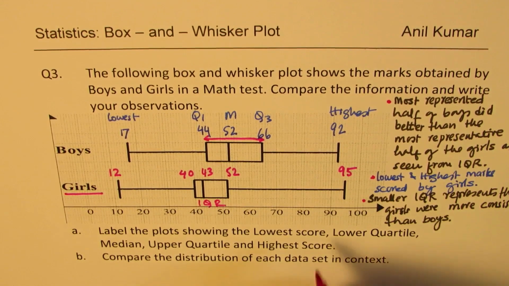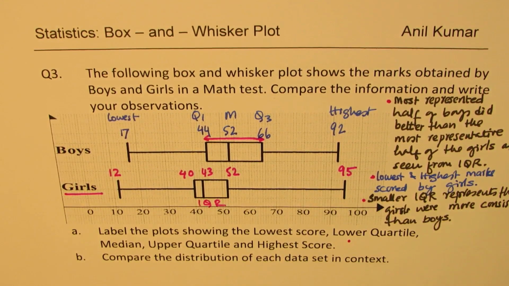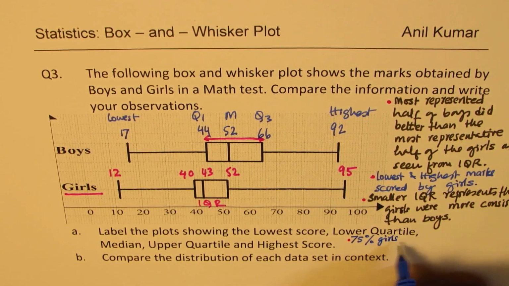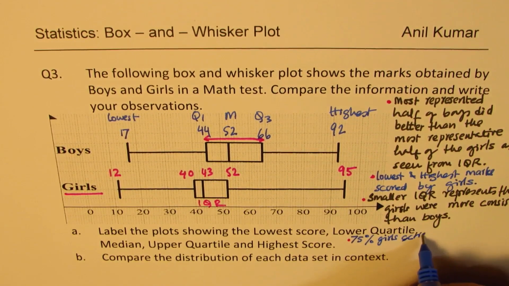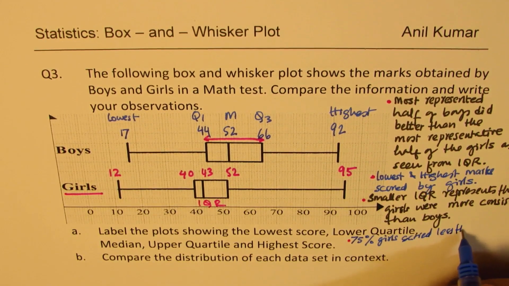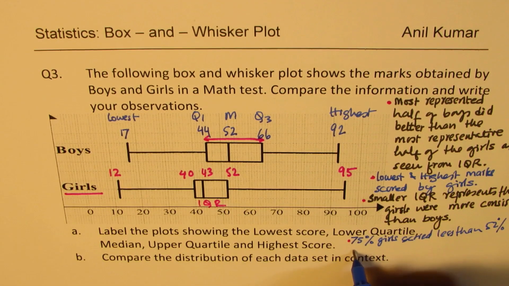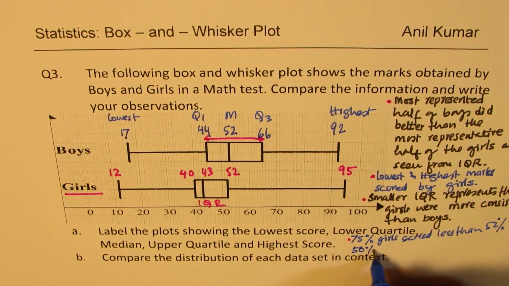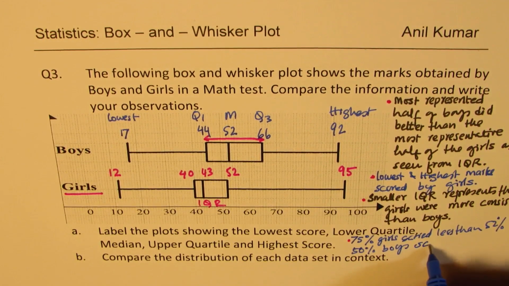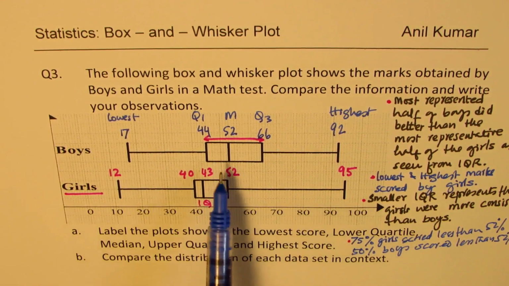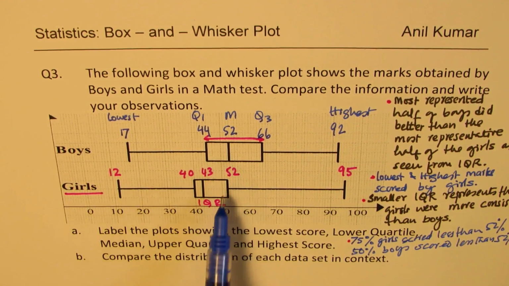So from here you could say that let me use 75% girls scored less than 52%, and 50% boys scored less than 52%, right? So that's a huge difference. So that marks 50% of the boys, right? So 50% of the boys scored less than 52%.